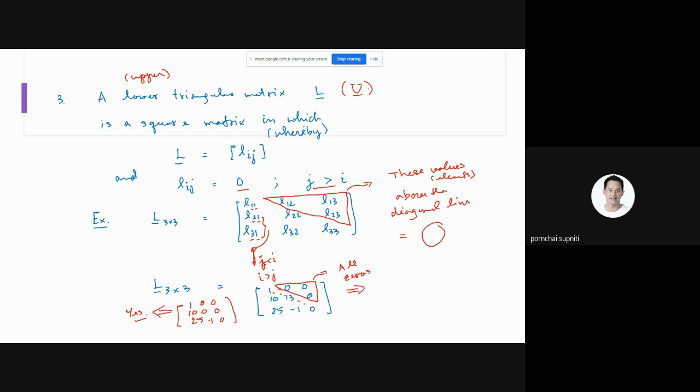After this we will start to decompose a matrix into smaller chunks, and there are different ways of decomposing a big matrix, one of which is to convert a matrix into a lower triangular matrix multiplied with an upper triangular matrix. So L is like lower, and U is like upper.